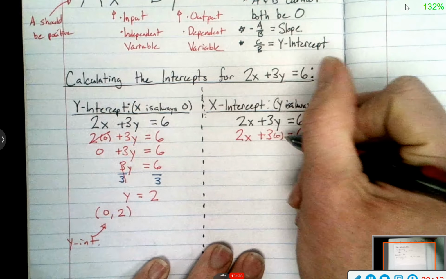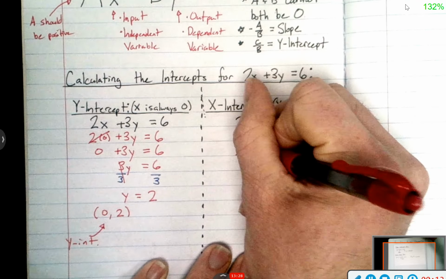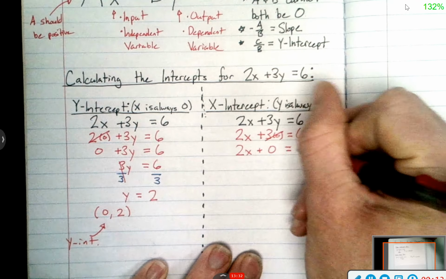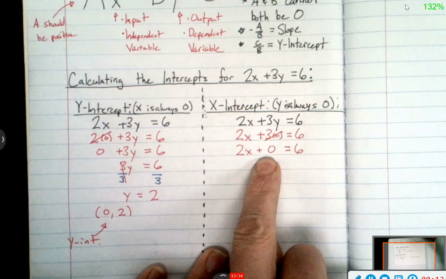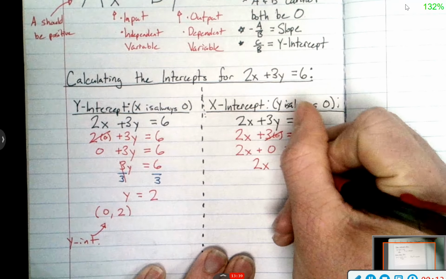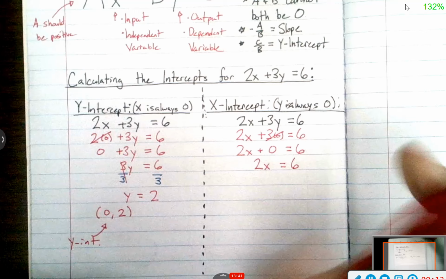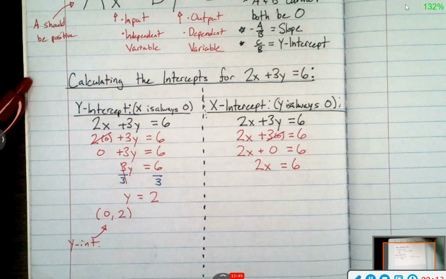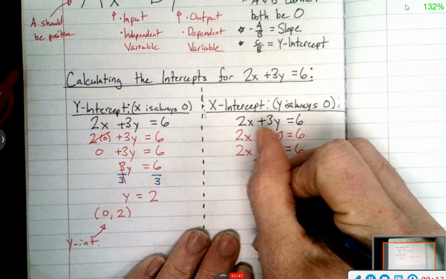So, again, this cancels essentially. I'm going to keep it just to really show each step. But 2x plus 0 is just 2x. It doesn't change. 2x equals 6. And now, my last step, just like it was over here, is to divide by my coefficient in front of x.